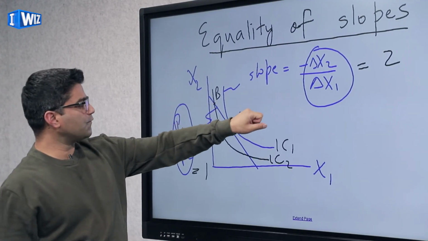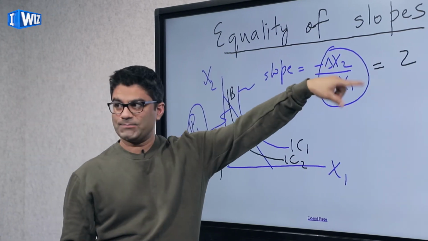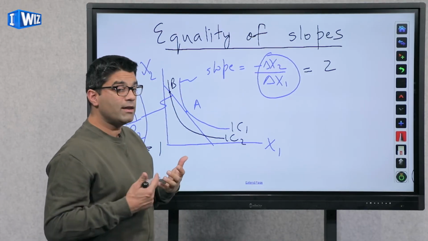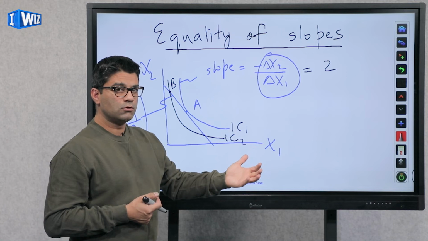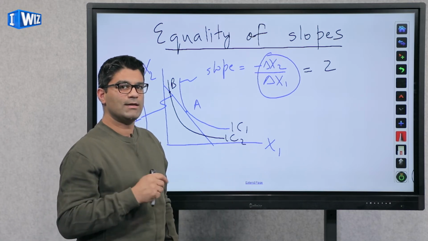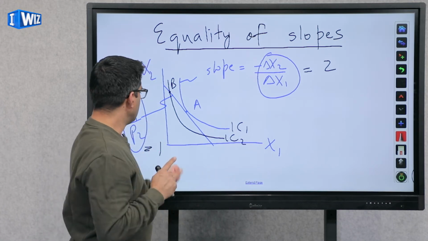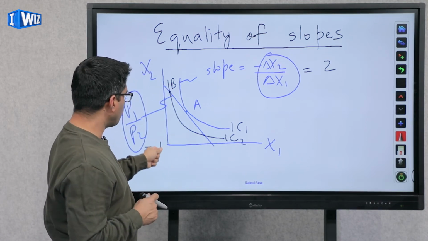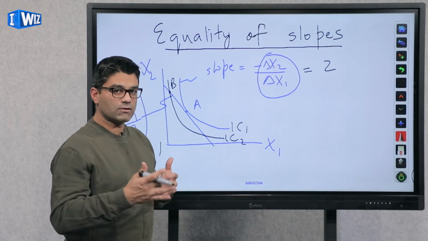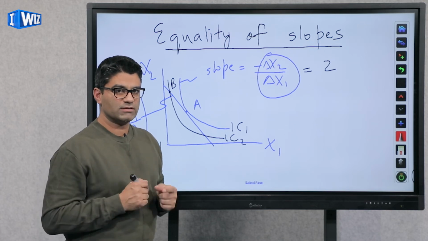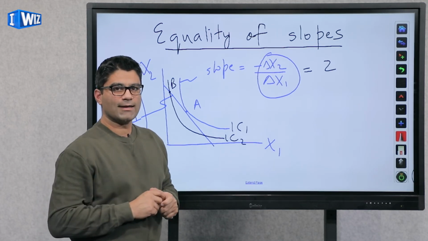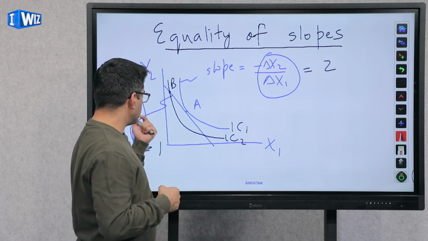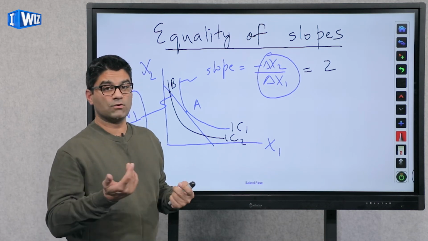If the slope of the indifference curve is 2 in absolute terms, what that means is I'm willing to give up 2 units of good 2 to get 1 unit of good 1 and be equally happy. And the slope of the budget constraint, again in absolute terms, is 1, which means the prices of the two goods, in terms of each other, are the same. If I go to the market, I can spend 1 unit and buy either of the two goods.